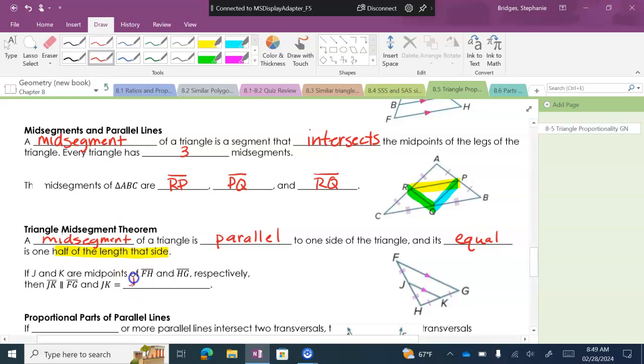So it is going to be 1/2 the length of FG. Okay, half the length of FG is half the length of that side. So far, so good?